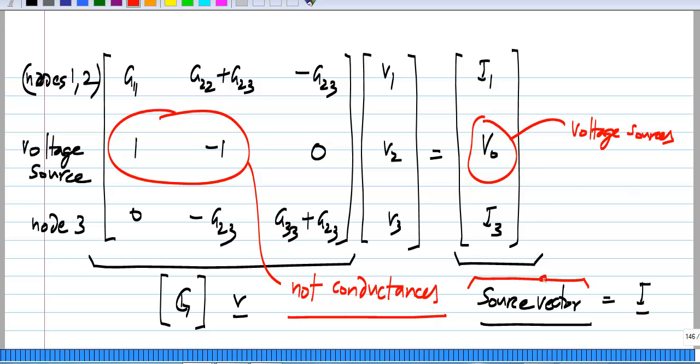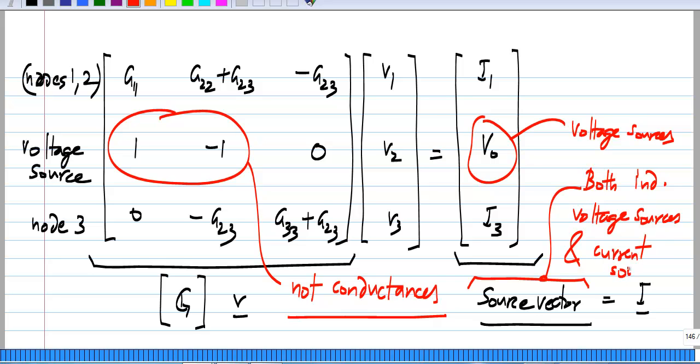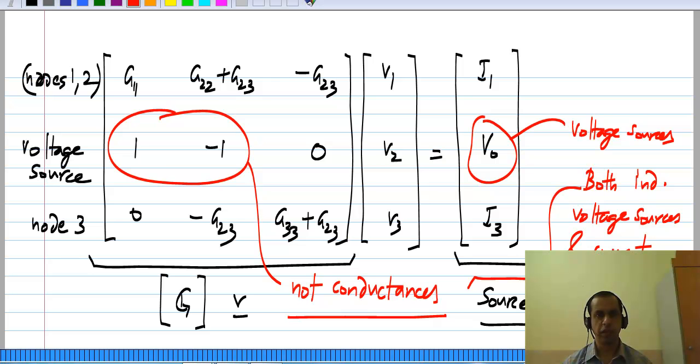So the source vector will have both independent voltage sources and current sources. Okay, this is fine.